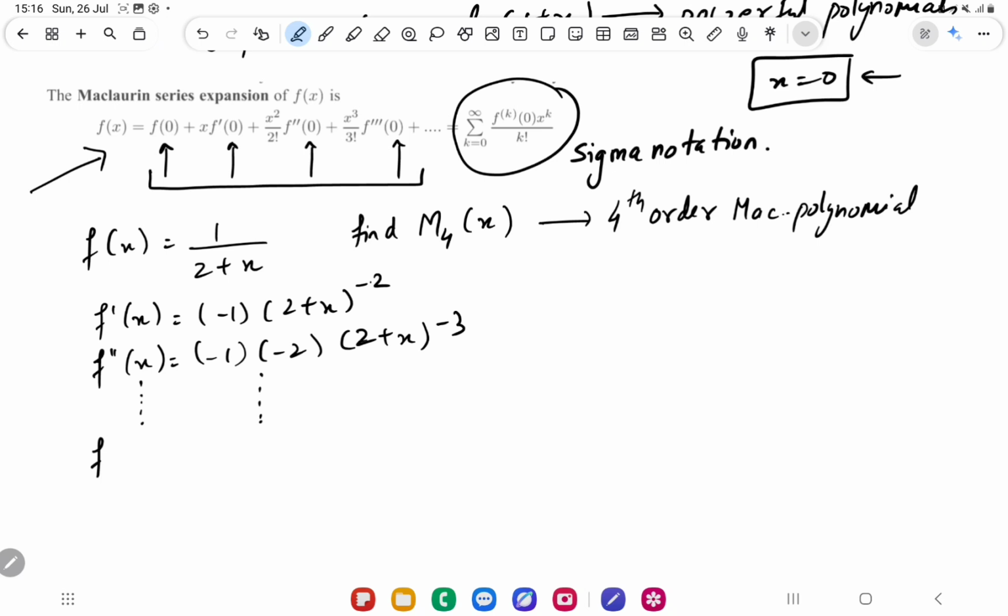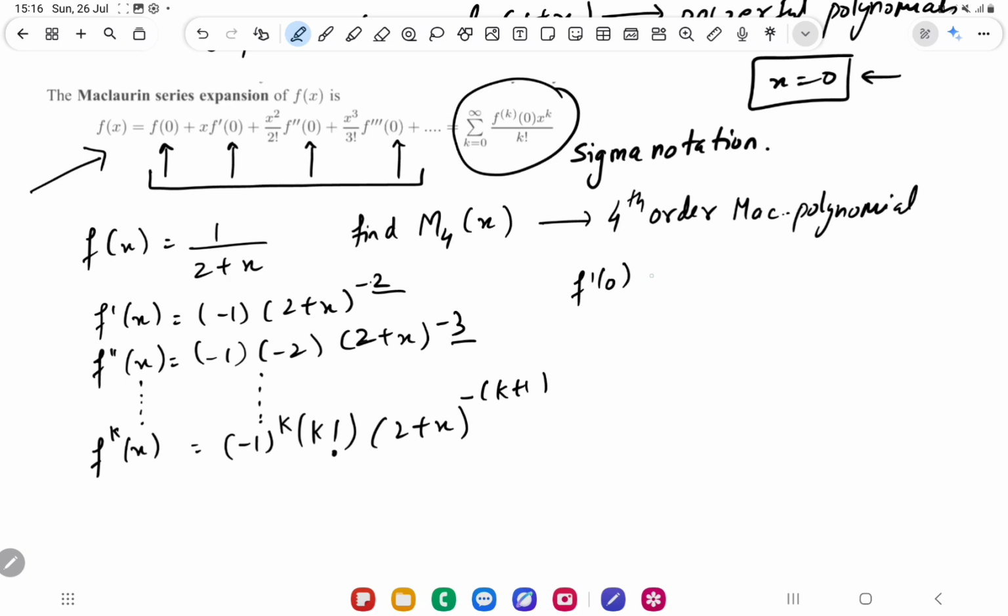Because it's the first example, I am showing you how to write the kth one also. It will be minus 1 to the power k multiplied by k factorial into (2 plus x) to the power minus (k plus 1), because you can see that every time the power increases.